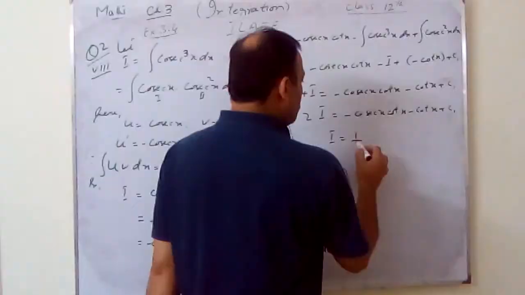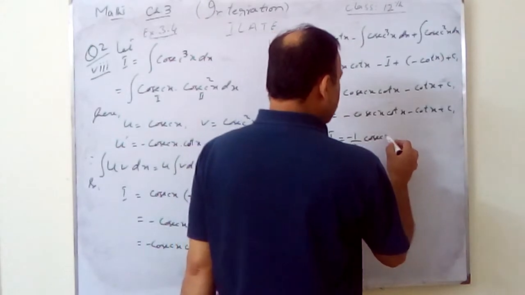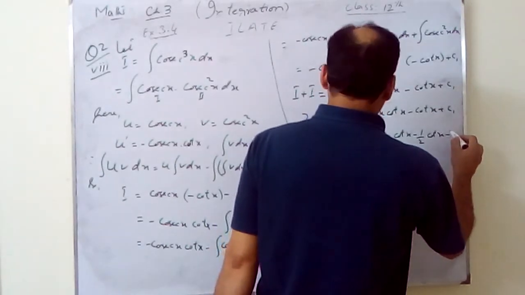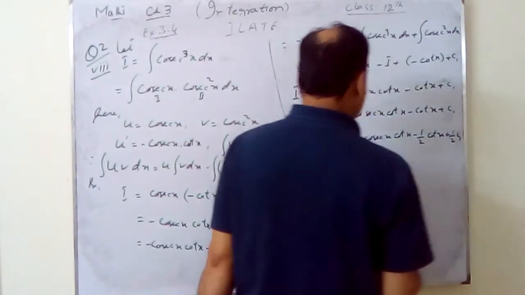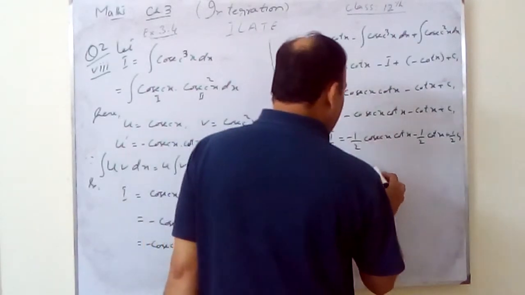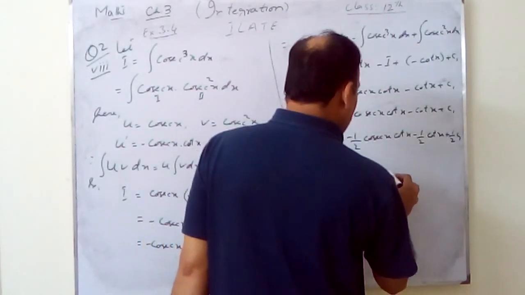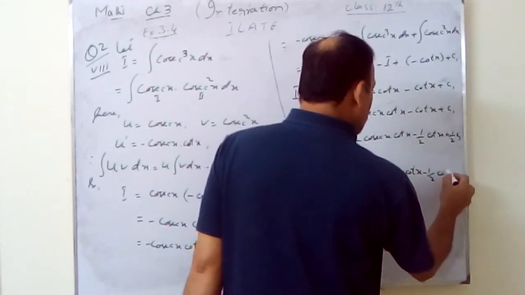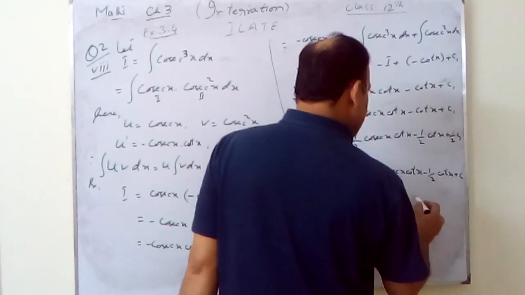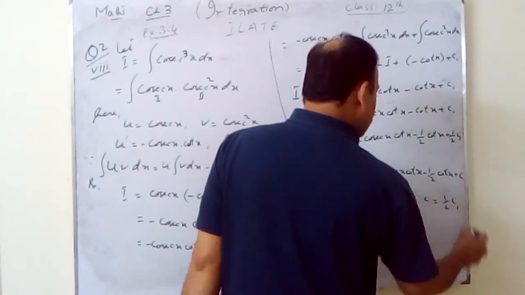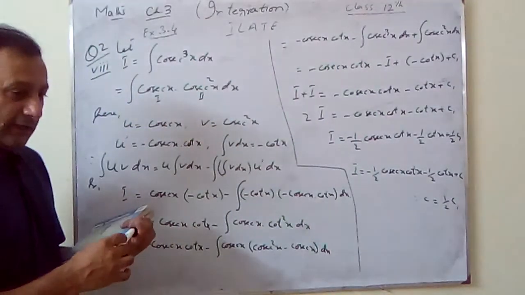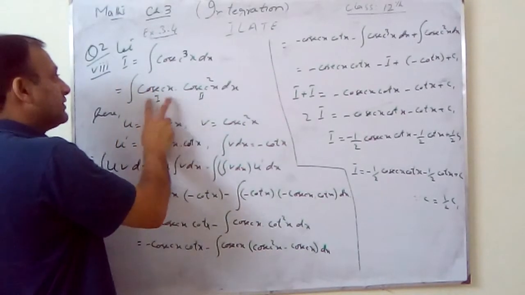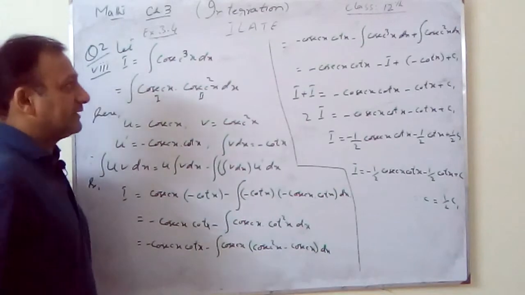I is equal to minus 1/2 cosecant x cot x minus 1/2 cot x plus c, where c is equal to 1/2 c1. So this is the answer. First of all, we split cosecant cube into cosecant and cosecant square, and the rest of the question is like this.